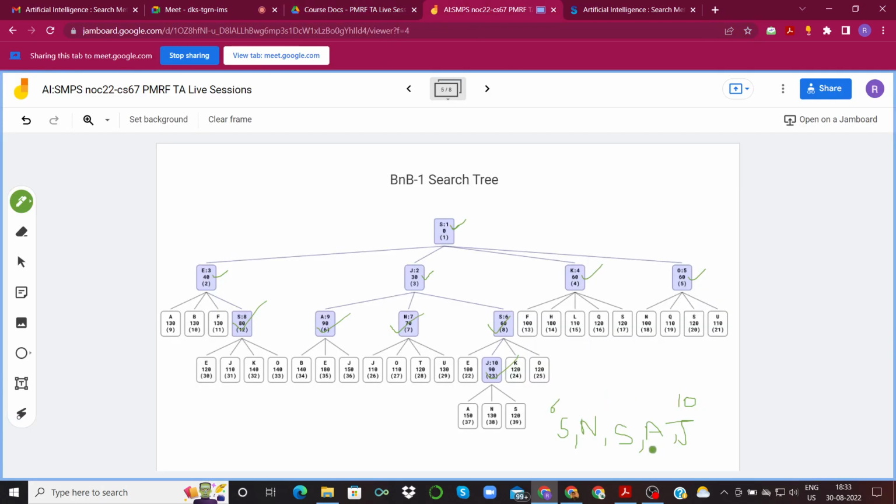Basically this sequence number represents that the first node you refined was S, this S. The second node you refined was J, this J. So this had sequence 2, E had sequence 3, K had sequence 4, O had 5, and then this S had sequence 6. Basically after O, this particular node was refined, this one.